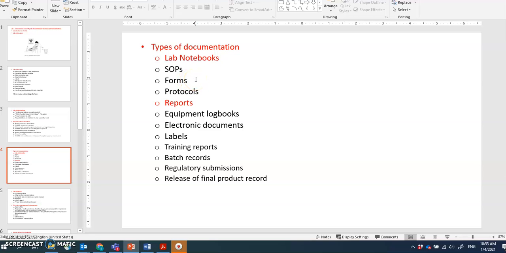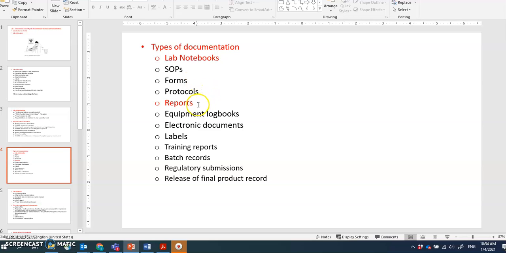It also gives you direction on how to carry out a task, and there are some blanks in the form that you can fill out once the task is performed. Okay, so they are kind of used together. Protocol is similar to SOP, so it's a kind of direction for a task to be done. It's less formal than SOP.